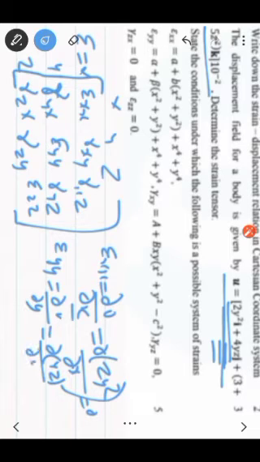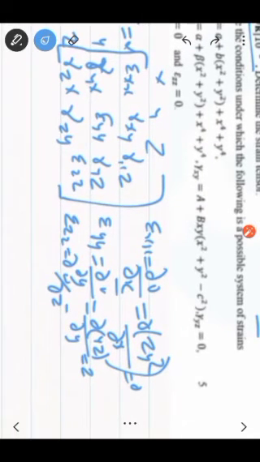Then epsilon yy equal to, this is j vector, so dou v by dou y, that is equal to dou of yz. If you differentiate it, y is differentiated into 1, so z is there. Then epsilon z equal to dou w by dou z.